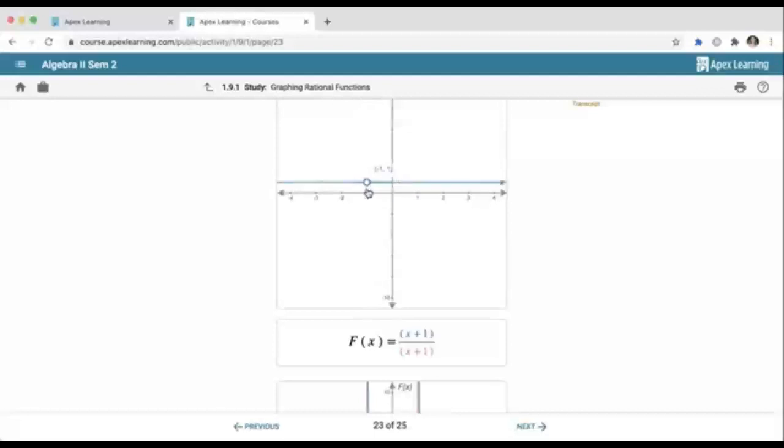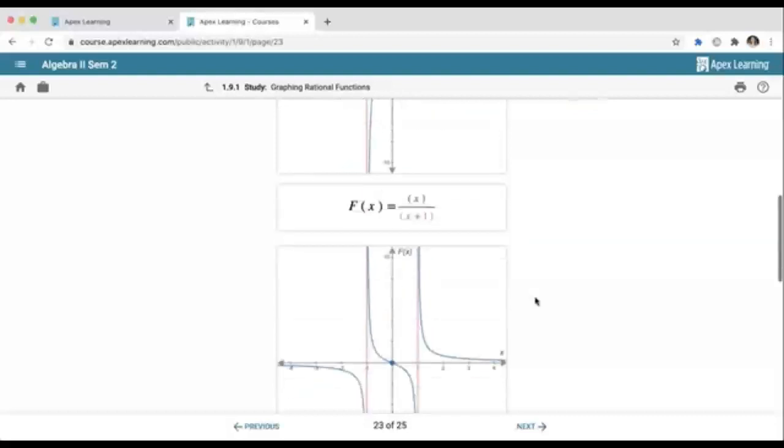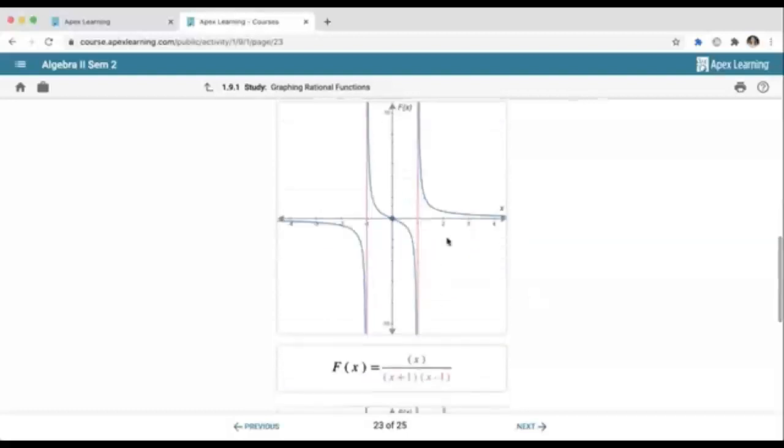So if you notice here, if I get really, really close, they start to look like they're going to touch. So again, we draw it as a hole where the line is perceived to be. Same thing here.